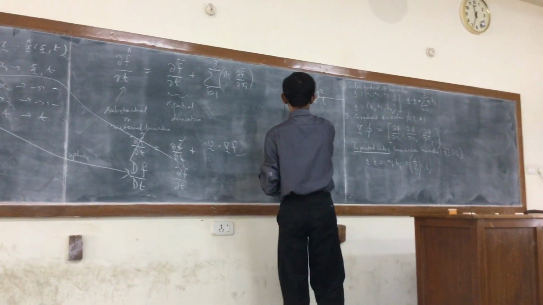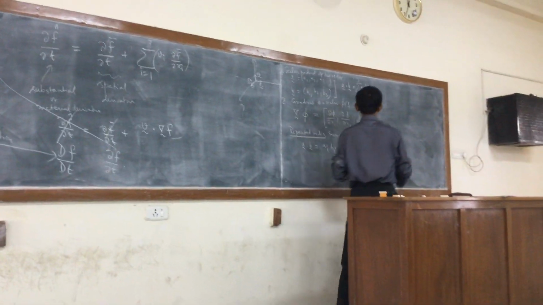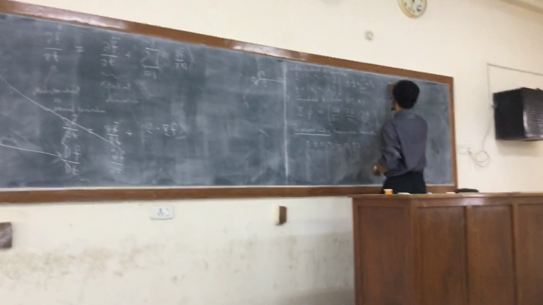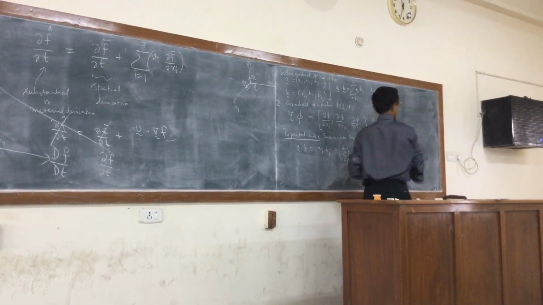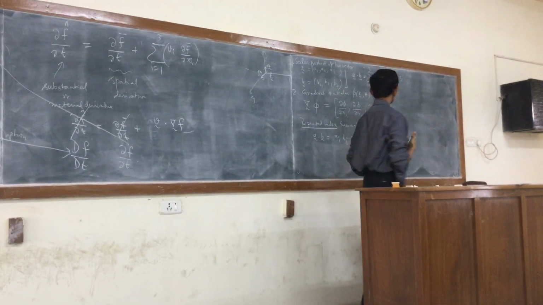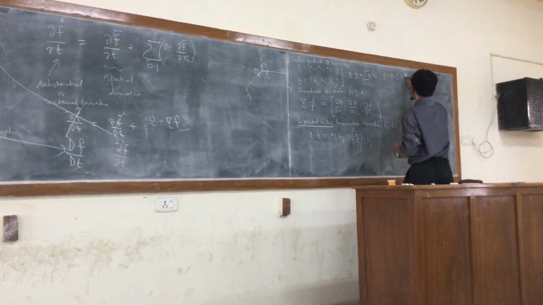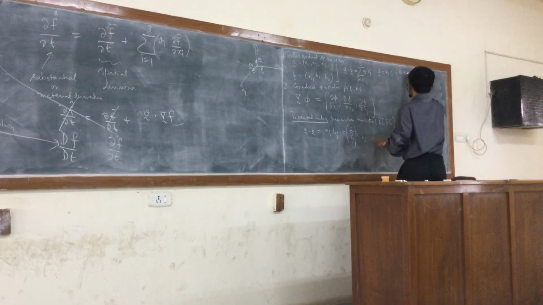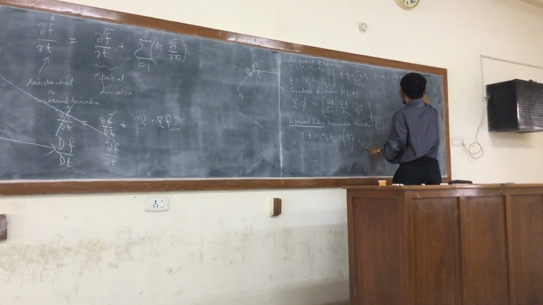So any vector, I would normally write it as A is equal to A1 E1. This is the full vector form in terms of its components. Plus A2 E2 plus A3 E3.